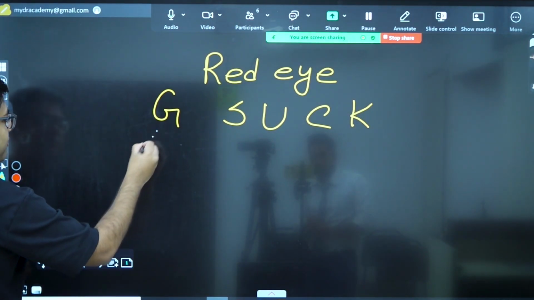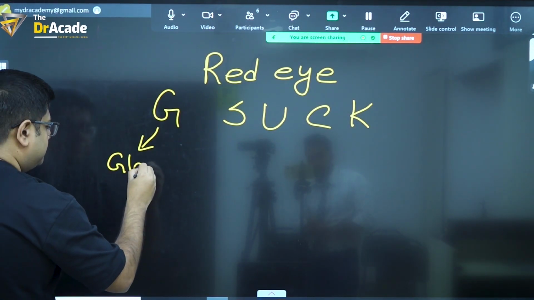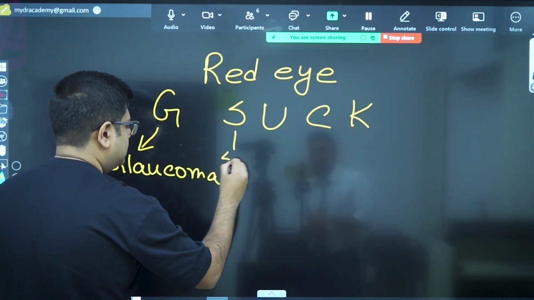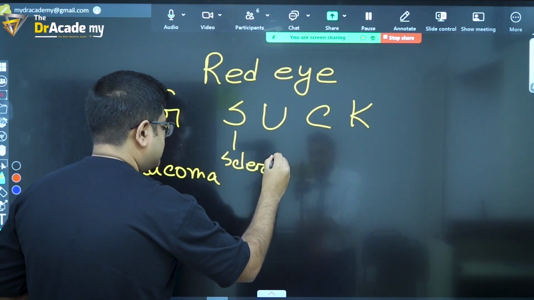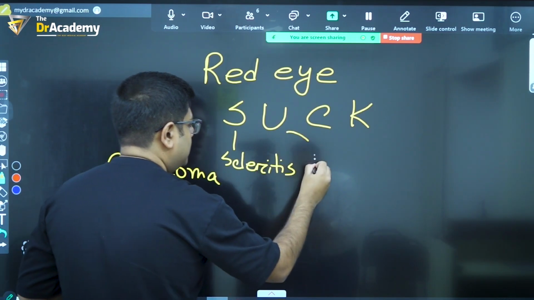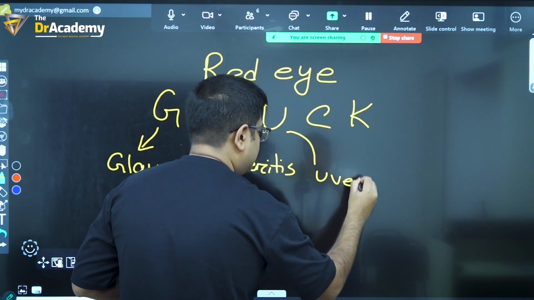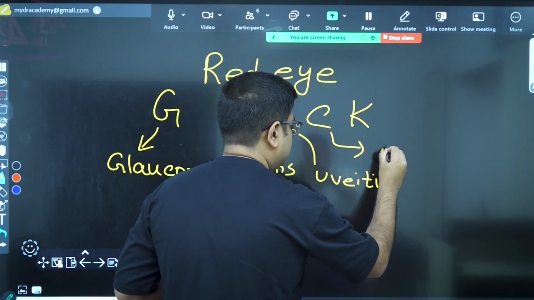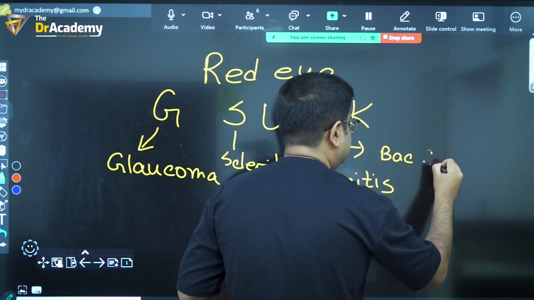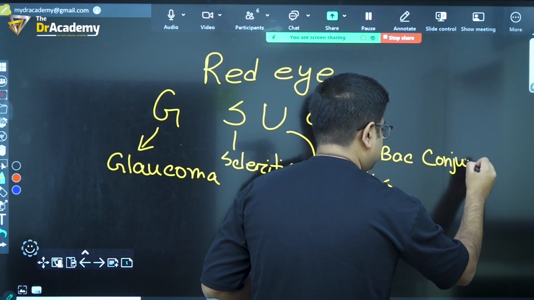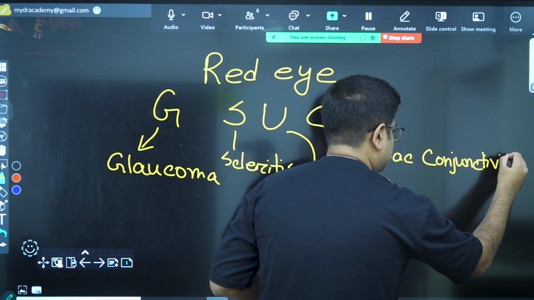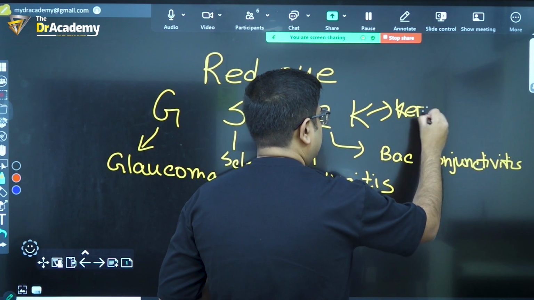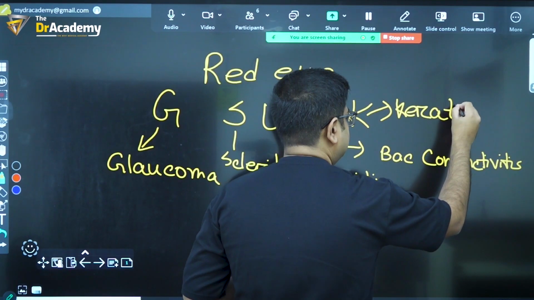G for glaucoma, S for scleritis, U for uveitis, C for bacterial conjunctivitis, and K for keratitis.